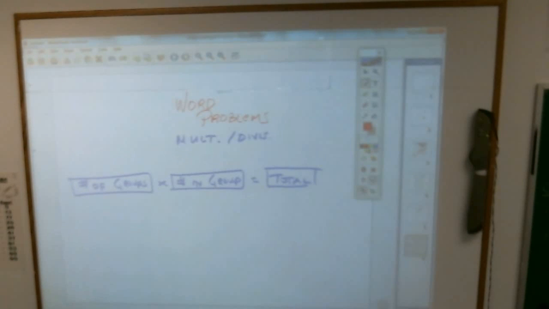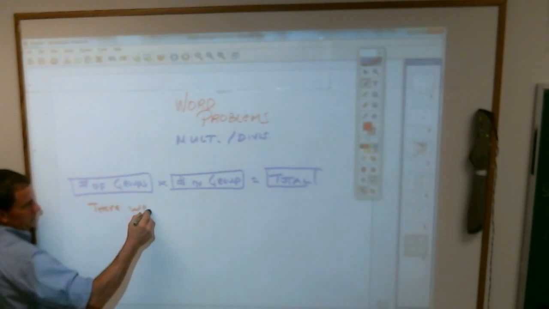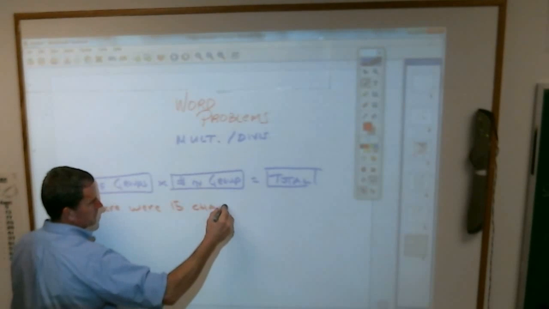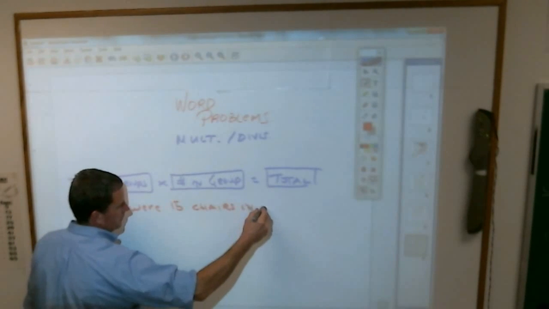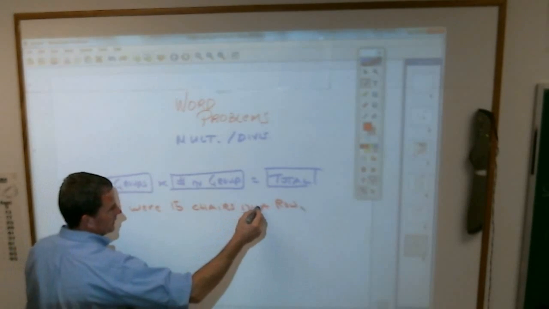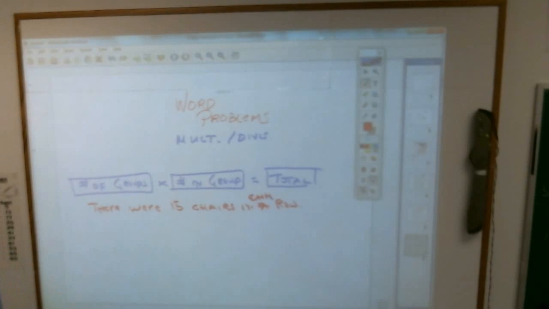Write this down. In the room, the chairs were arranged in rows with 15 chairs in a row. Let's simplify that and just say, there were 15 chairs in each row.